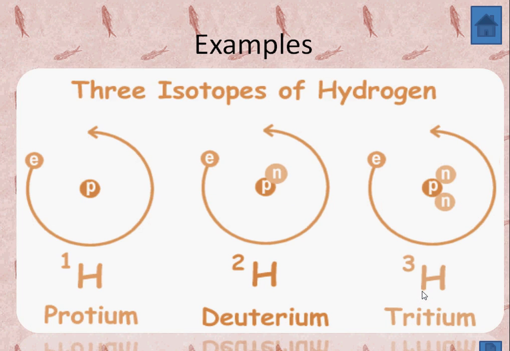Let me give you one more example. This is the example which I have just described to you in the rough note. There are 3 isotopes of the hydrogen atom: protium, deuterium and tritium. This is the diagrammatic view of the example.